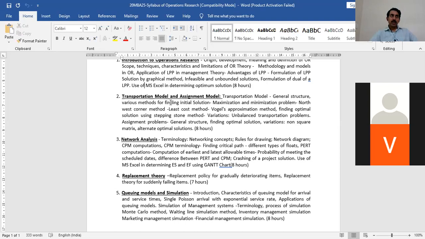Third module, network analysis. The main application of network analysis is in different types of projects. Let us consider one such example of a project, like in the previous semester, that is the first semester, in my subject itself, you had conducted a market research survey. Correct. In this survey, initially in the beginning of the semester, you started with finalizing the title of the research topic, correct?